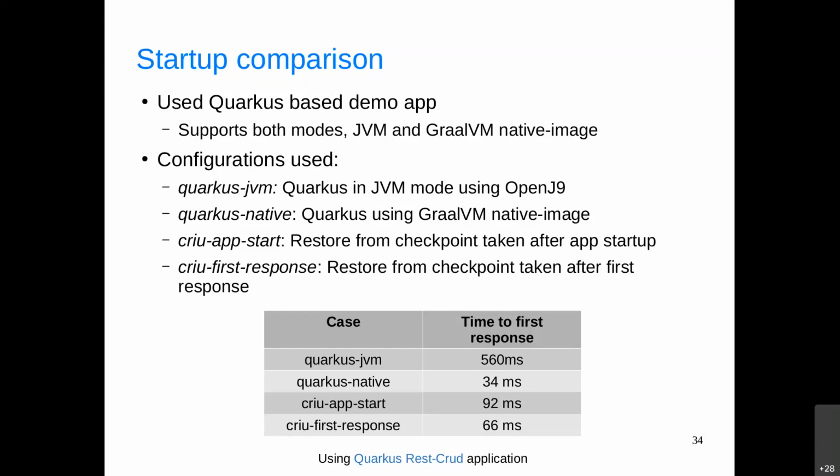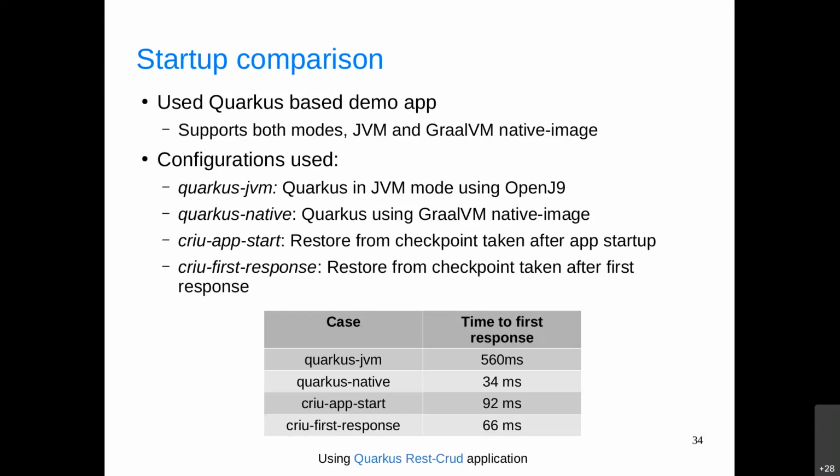It takes more than 500 milliseconds to start up, and compared to JVM, the other three configurations are able to start the application in under 100 milliseconds. These are some of the things that we have been exploring in OpenJ9 to see how we can improve the startup time of OpenJ9 and make it as quick as possible.